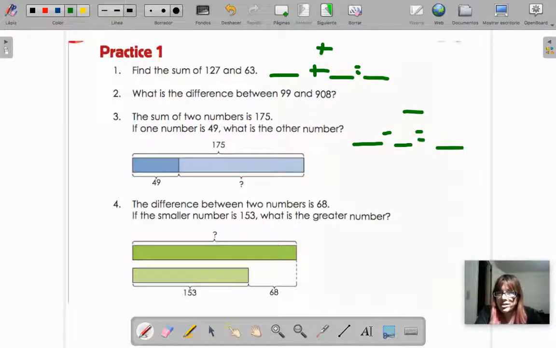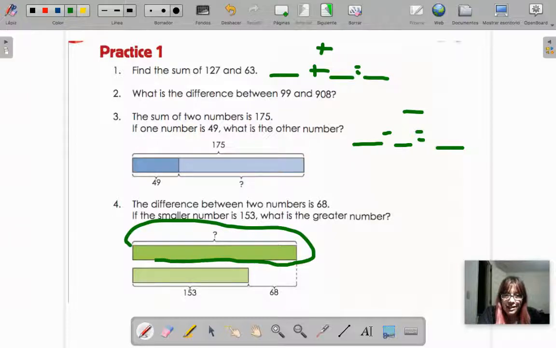And you end up with the other part. So in this picture, are they telling me the number of the complete thing? Yes or no? No, right? And here I'm going to put a C for the complete, and we don't have it. That means this is going to be one of the tricky ones again, okay?